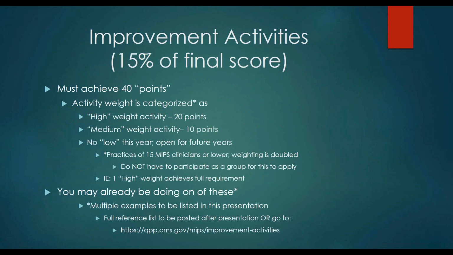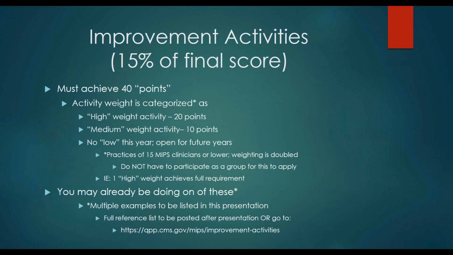There's an important note to this, that if you are a practice of 15 providers or less, your activity weighting is doubled. For example, if you're a practice of 12 providers and you do 1 high activity weight, you've met the full category requirement. If you're more than 15, so 16 plus, the weights that are listed there are what they're going to be for you.